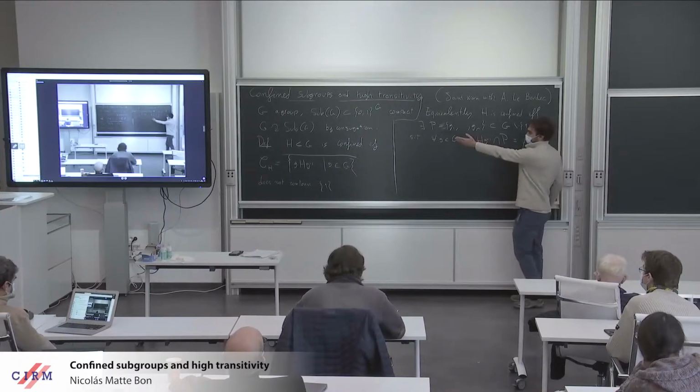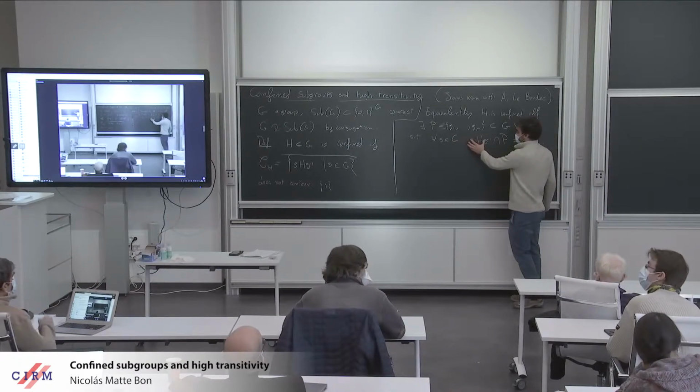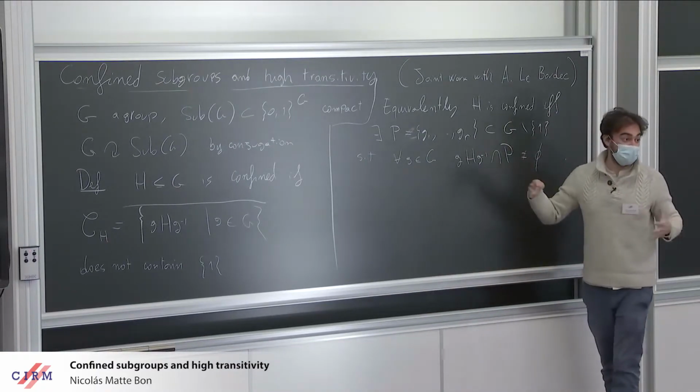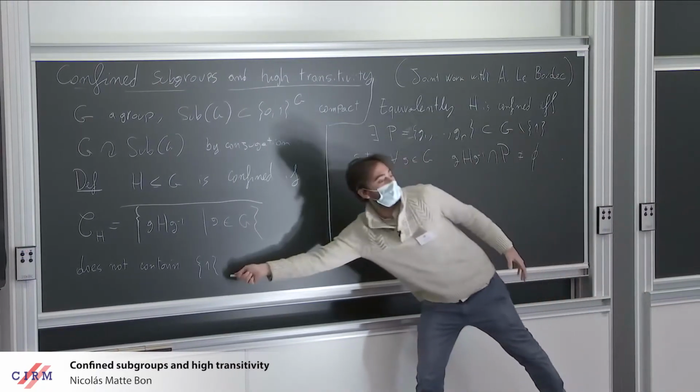This is because finite subsets of G minus the identity give a basis of neighborhoods for the trivial subgroup in the product topology.